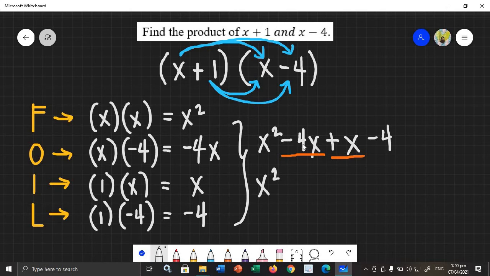So, negative 4 plus 1, there is an invisible 1 there. The answer is negative 3. So, just write negative 3 and then copy the literal coefficient, x. And then, minus 4. And there's no more similar terms. Therefore, this is now the product of example number 4. The product is x squared minus 3x minus 4.